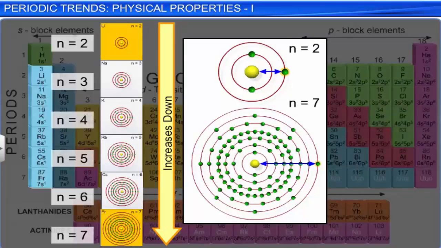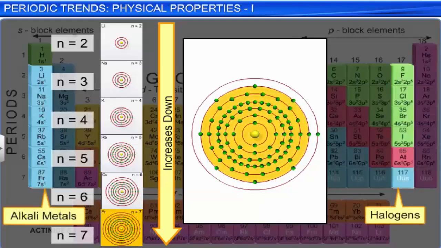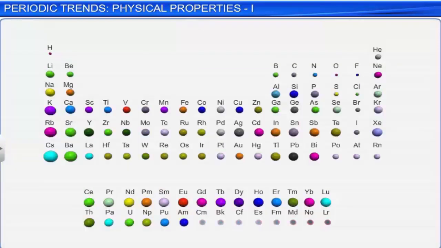As a result, the shielding provided by the electrons in the inner energy levels becomes more effective, especially if the inner orbitals preceding the valence electrons are full, as in the case of alkali metals and halogens. Therefore, the size of the atom increases down a group.